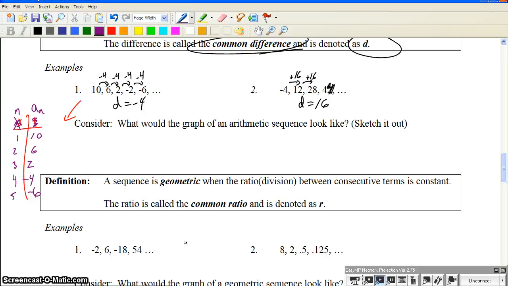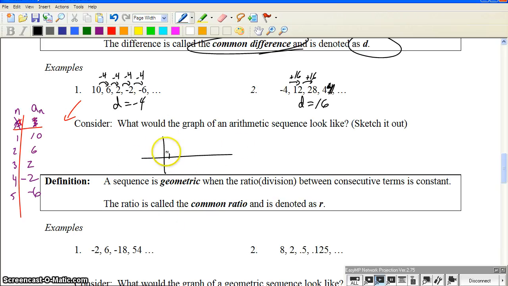That makes no sense. Term number 2.5, that makes no sense for what we're talking about. So the domain, the numbers that you can put into the equation that we have, are going to have to be integers. Actually, I need to make special note that it's for negative 2, not for negative 4. Thank you for that.